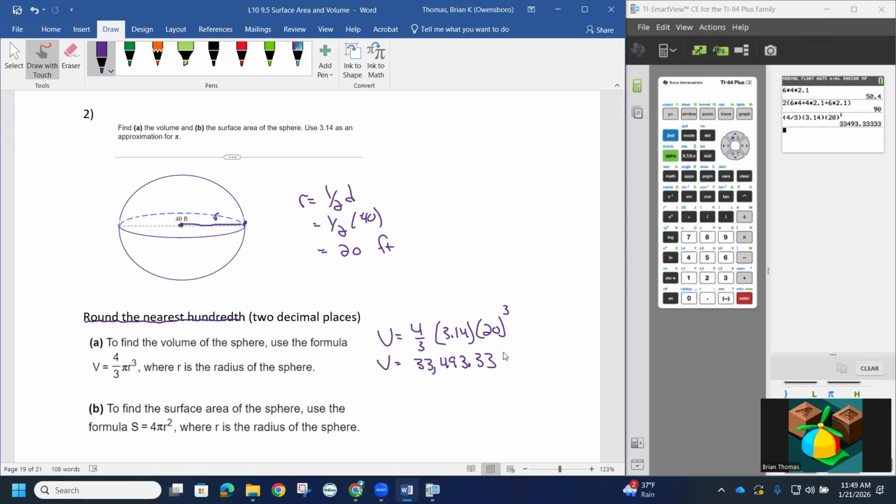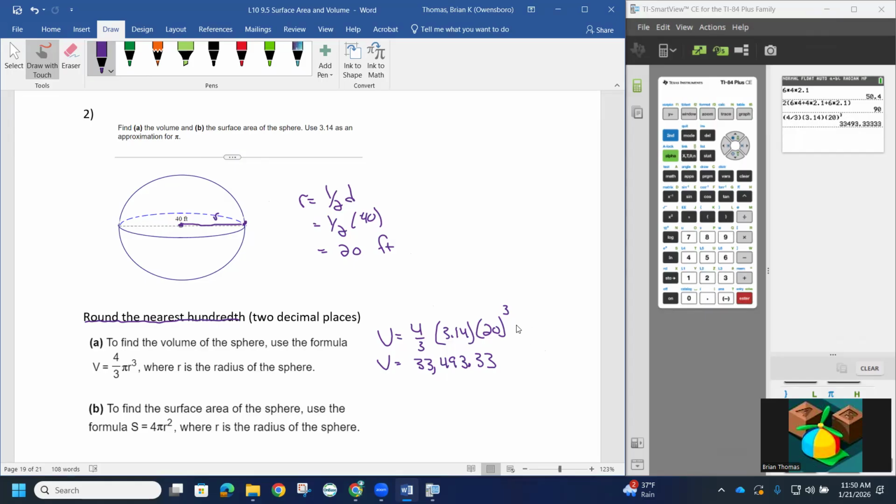This third 3 says, do I keep the 3 or do I move it up to a 4? If it's 5 or more, we move it up. If it's under 5, in other words 4 or less, we keep it as it is. So since the third number is a 3, we just keep the 3 in the second decimal place.